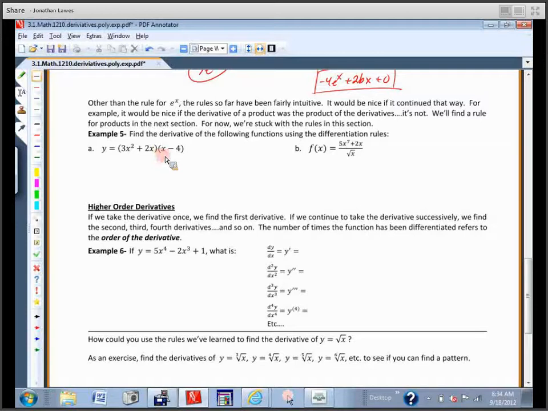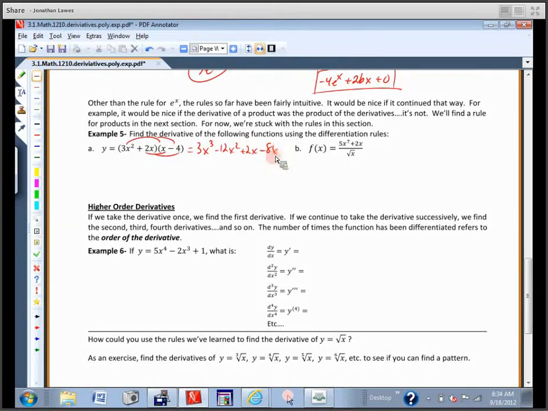So everything has to be turned into one of those things. So right now, this is a function times another function. Well, we don't have the product rule yet. We're going to do that tomorrow. So we have to make this look like either an exponential, my gosh, I hope you don't find an exponential in there, a power function, a sum of power functions, or a big long polynomial, so that we can use the power rule, sum and difference rule, constant, stuff like that.